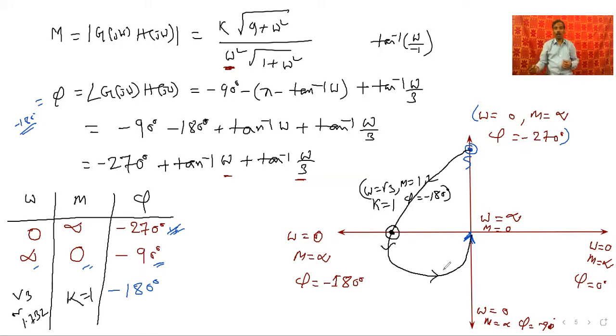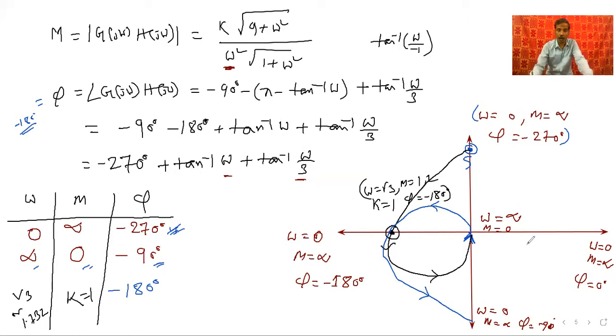Then draw the Nyquist plot and determine the stability of the system. So first the polar plot and then the mirror image. This is the mirror image. So this is the Nyquist plot.